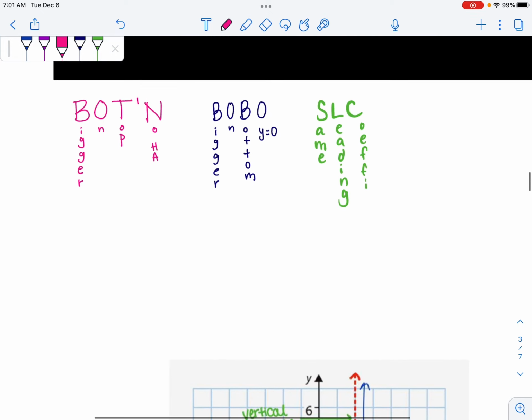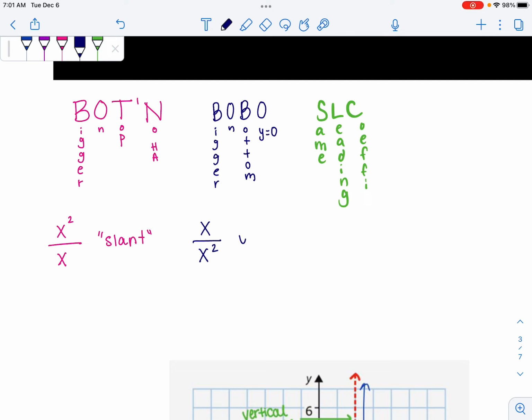For the first one, bigger on top. That means we're looking at the degree of the polynomials. The degree is bigger on top of the fraction, so in the numerator. For example, x squared over x has a bigger degree on top. In this case, we have no horizontal, so we have to find the slant asymptote. If it is bigger on bottom, that would be if I had x over x squared.